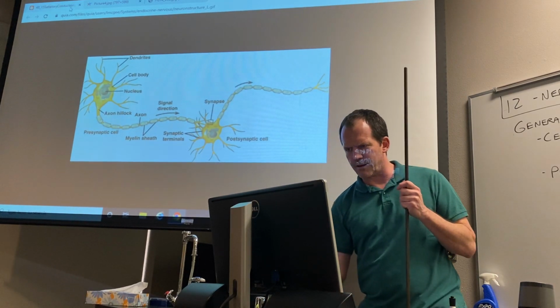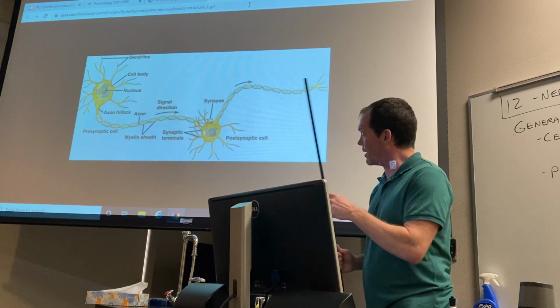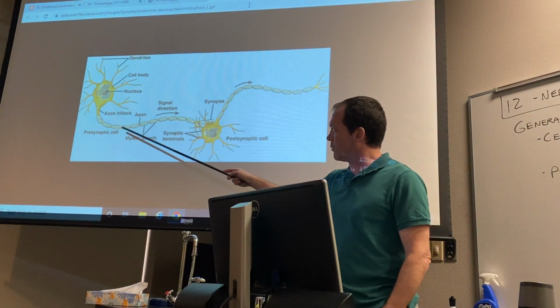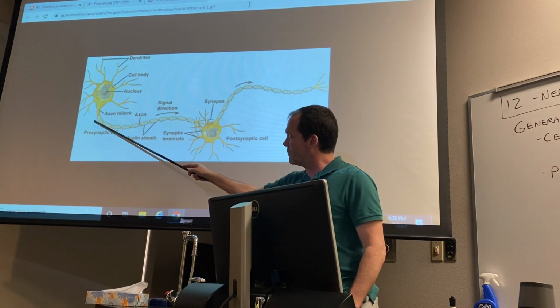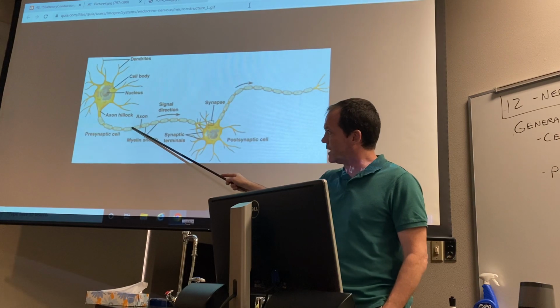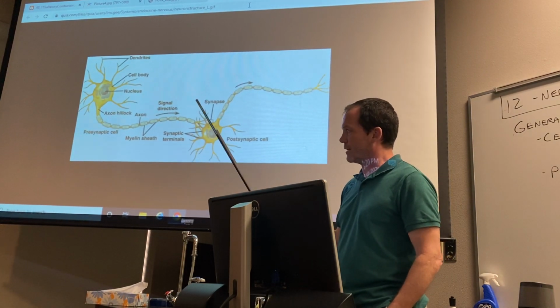A couple of things you might want to notice on this slide before I move on to the whiteboard again is that you see these little hot dog buns, or whatever it looks like, that are wrapped around this axon. Well, these little hot dog buns, they call a myelin sheath, and I'll break it down.